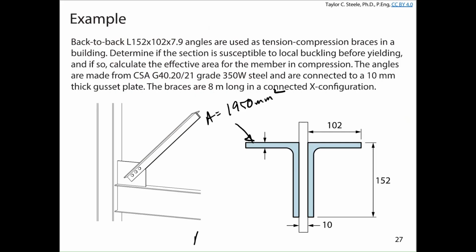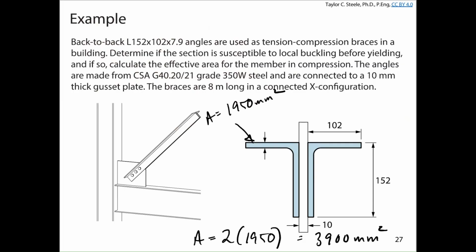That means the total area for the cross-section is 2 times 1,950, which is going to be 3,900 millimeters squared. When you do an AE calculation, you want to make sure that AE is less than A. You cannot get more steel magically by doing this calculation. And if you're doing a spreadsheet calculation and you're not doing this quite right, you could accidentally end up with more area than you have available in the cross-section.